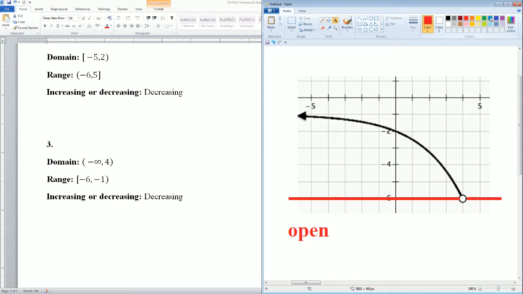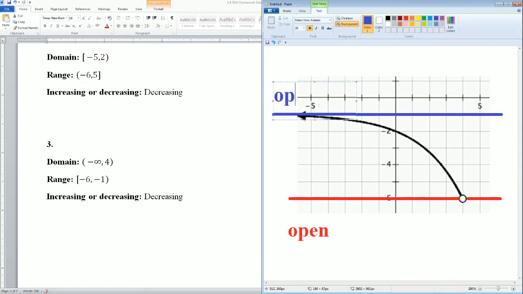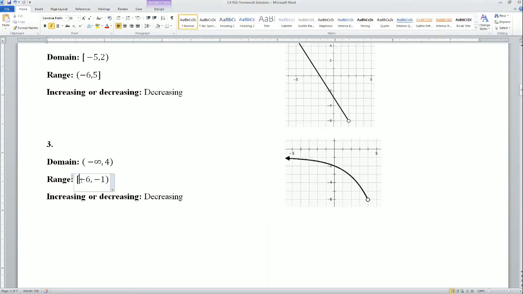Then it looks like it touches that -1. It almost touches it. So we would also say it is open. So it is both open at -6 and -1. So this should be open at -6 and -1. Okay?